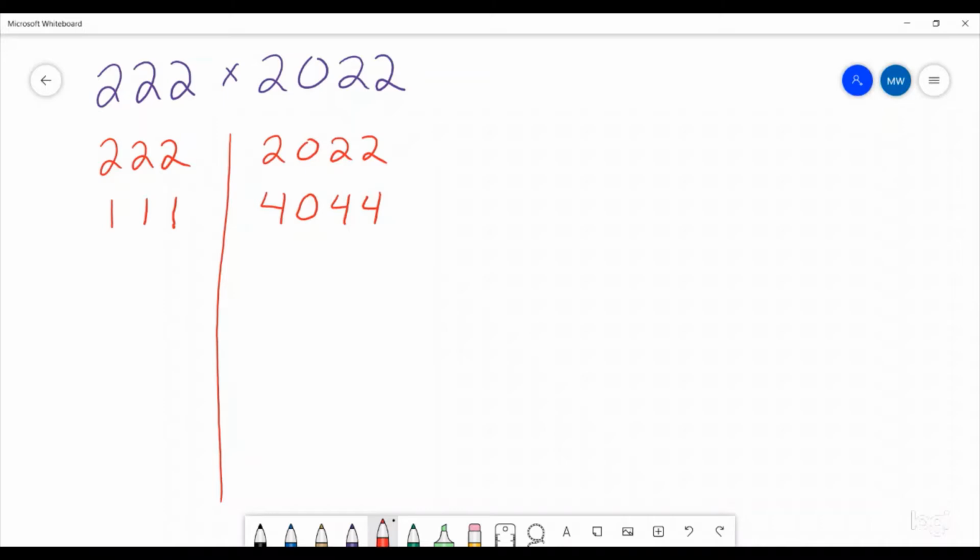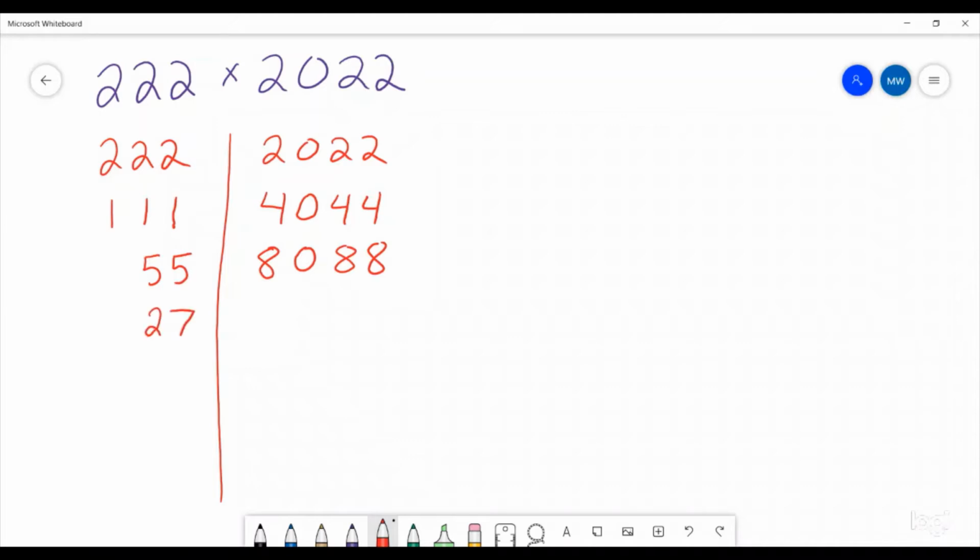So 111 divided by 2, that's 55 and a half. So dividing by 2 just gives us 55. We're dropping the extra 0.5. And then the 4044 times 2 is 8088. That's a lot of fun to say. 55 divided by 2, that's 27.